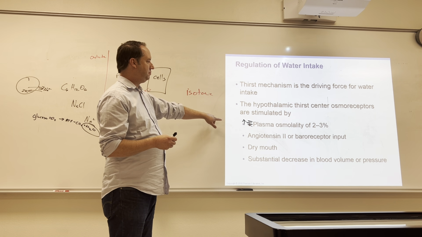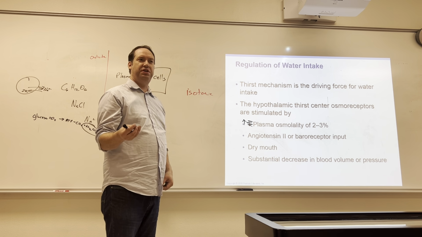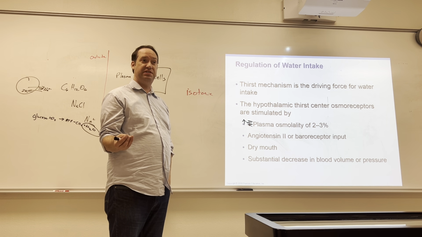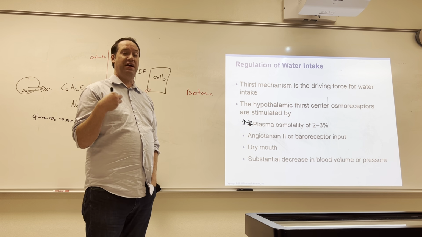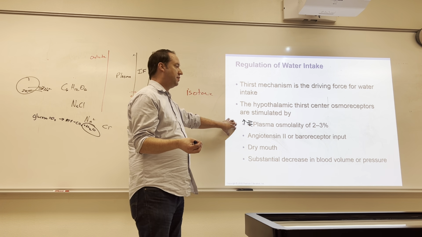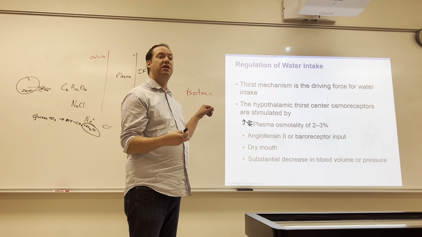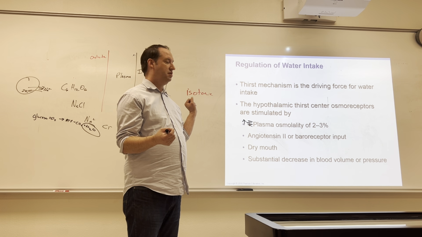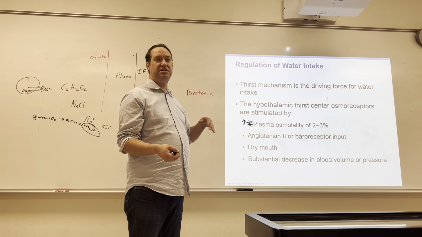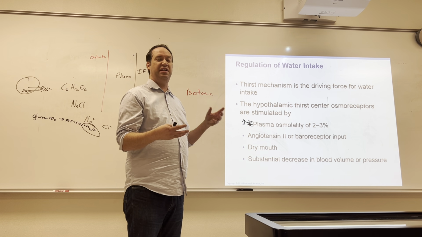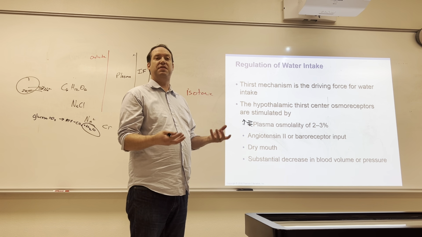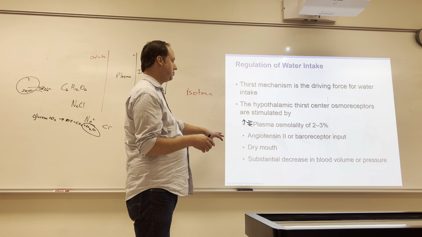If the concentration of the plasma increases, remember, if we lose water, we leave the stuff behind, so that increases the concentration. If the concentration of the plasma goes up, it triggers the thirst mechanism. When we say that we're increasing the osmolarity, you can think of that as your blood being too salty. It doesn't have too much salt, it just doesn't have enough water, so you bring in more water.